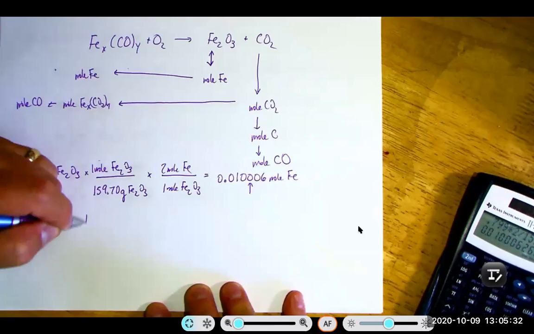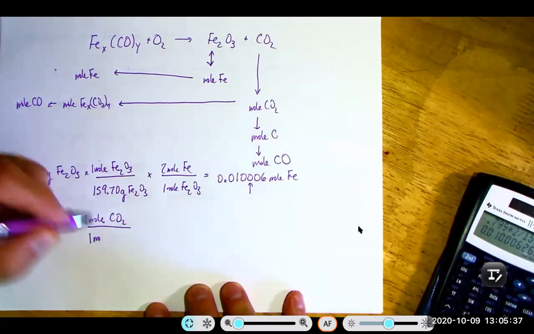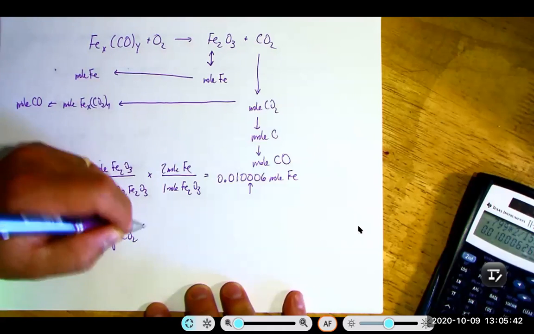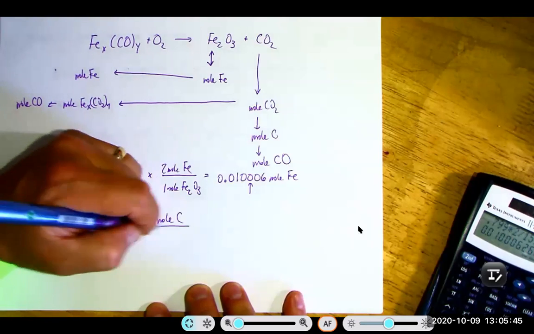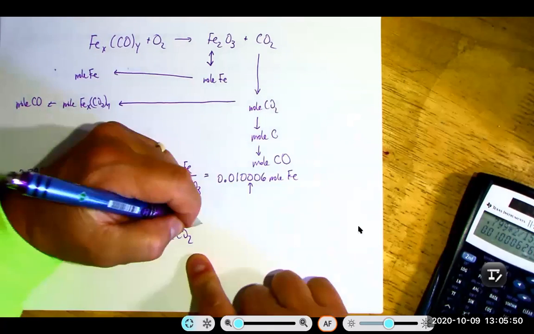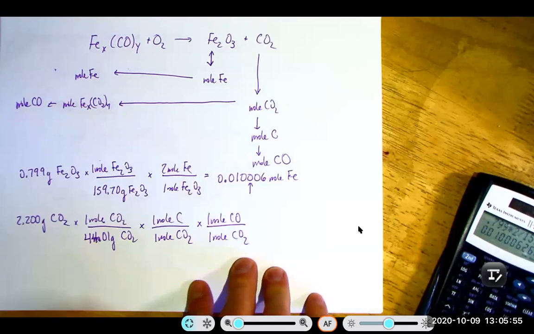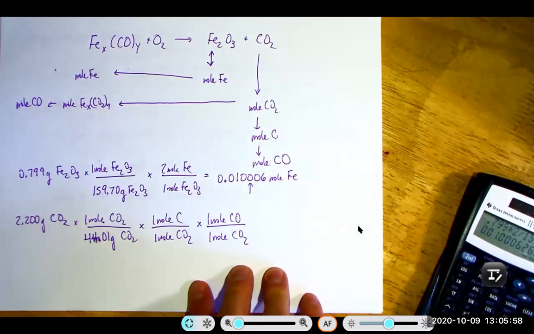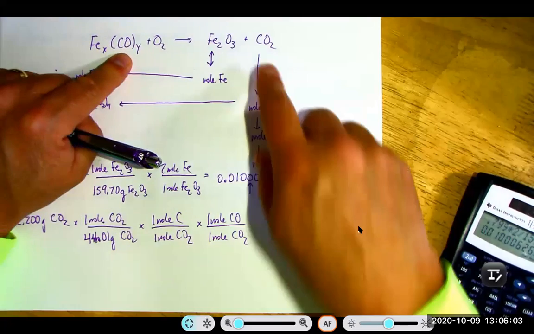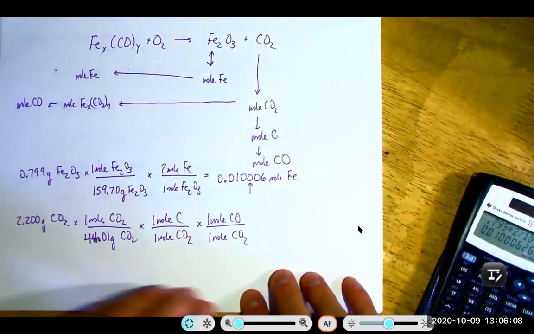Times 1 mole of carbon dioxide per 44.01 grams of carbon dioxide, times 1 mole of carbon to 1 mole of carbon dioxide, but also times 1 mole of CO to 1 mole of CO2. We could actually look up here and see that for every one of these, we get one of those. That's going to be clear because there's 1 carbon here and 1 carbon here. But this is nice and clean.